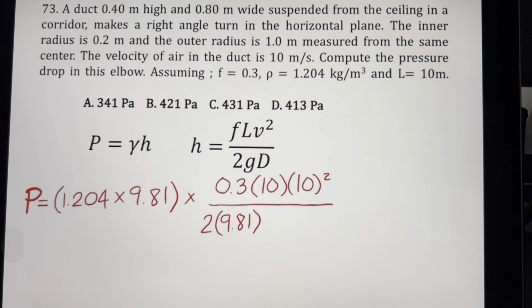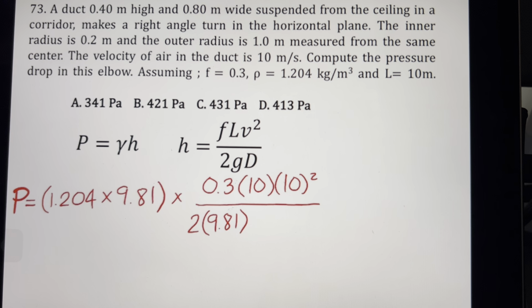Okay, so do we have a diameter here? As we can see, we don't have a diameter because our duct is not circular. It's actually rectangular given the height and the width. So in that case, we need to find the equivalent diameter.